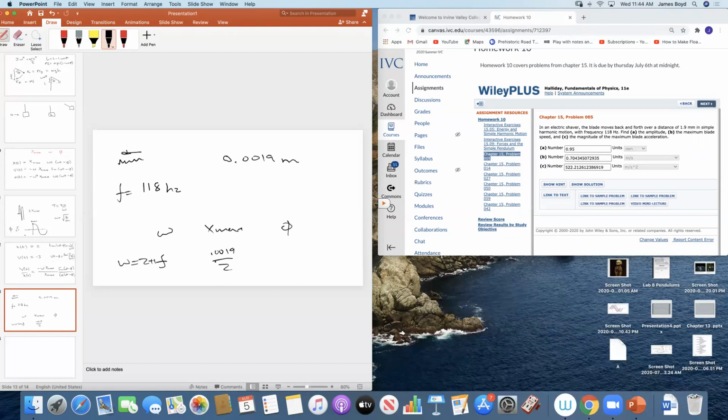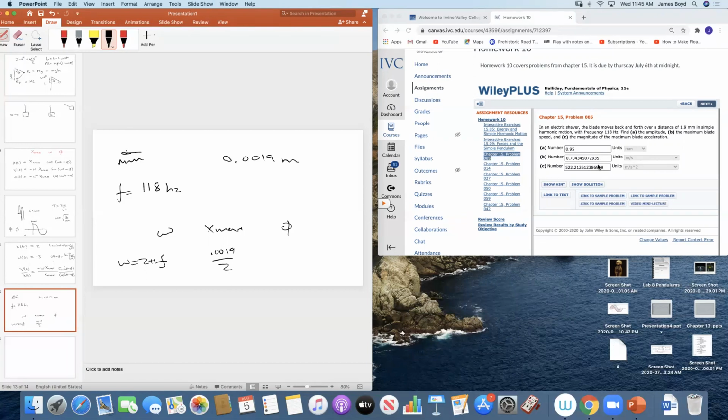And they didn't tell us anything about the phase on here, so we're going to assume that the phase is 0. We're actually not even going to think about the phase, to tell you the truth, because what they want is the amplitude. They're asking you for x max. So that's 0.0019 divided by 2, although notice Wiley Plus is asking you for millimeters. So it's 1.9 divided by 2.